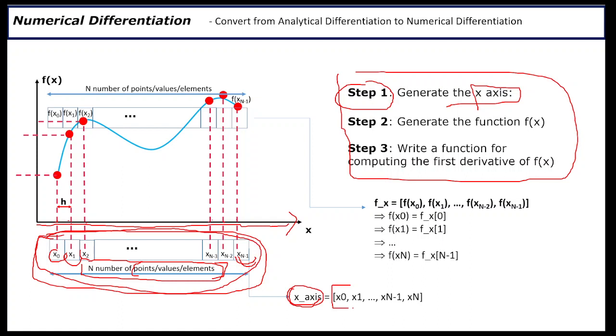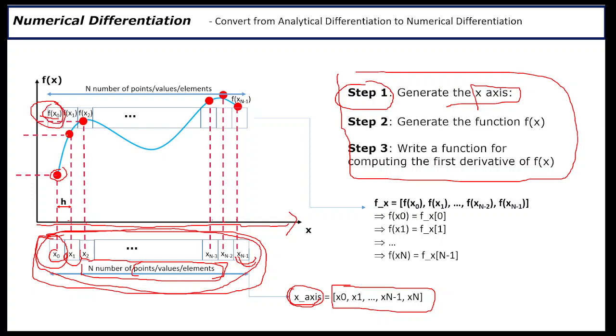Corresponding to each value along the x-axis, we can compute the value of the function at that point. The value of this red point here is f(x0).